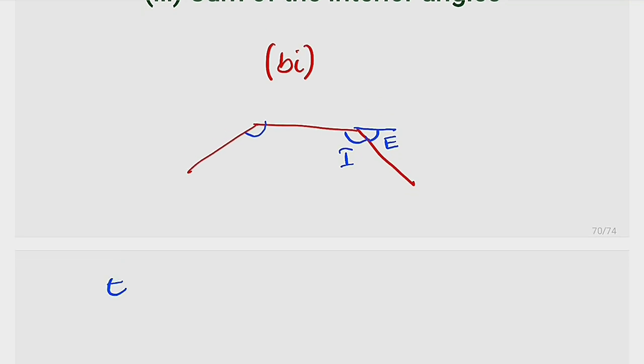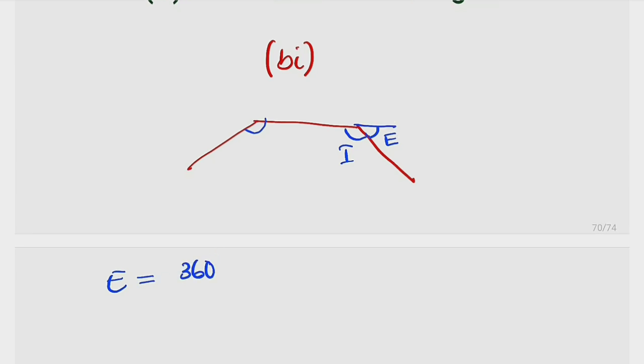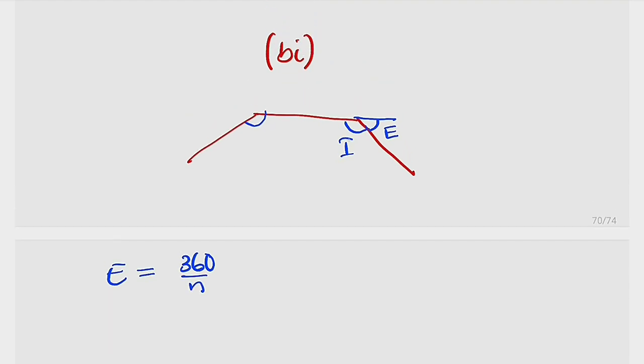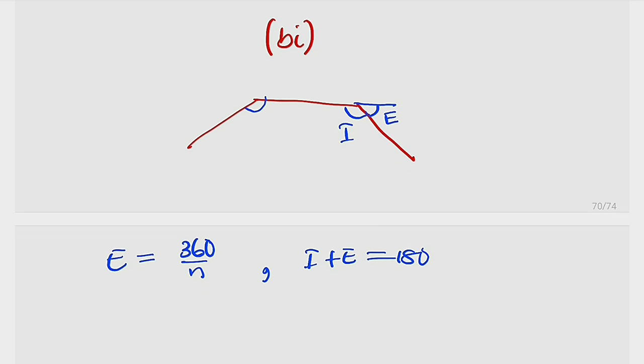So the exterior angle, please let me call it E, is equal to 360, forget about the degrees please, divided by n. And just observe, the interior angle plus exterior angle will give us 180 degrees. Definitely. So interior angle plus exterior angle equals 180 degrees because they are on a straight line.